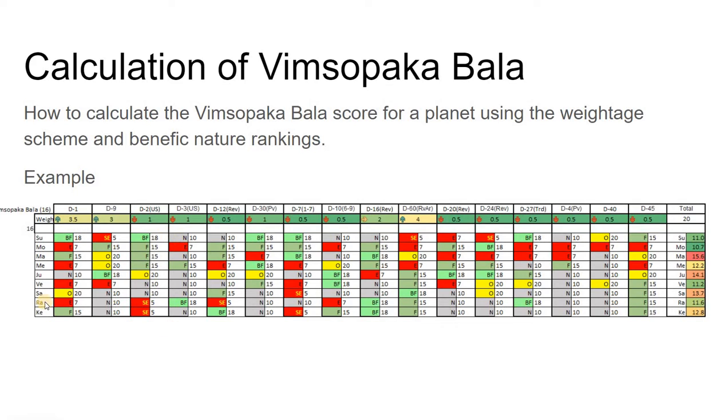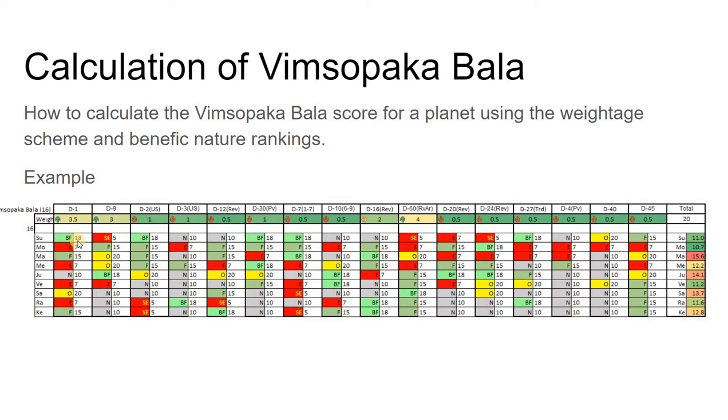This is some typical case, somebody's chart I have put here. So depending on where it is, if it is in an enemy's house, just as what you saw in the previous slide, it gets the scores. Now you multiply the scores into the weight divided by 20. So basically 3.5 by 20 is the weight, so the weight into 18 is to be multiplied. And then similarly the Sun, for all charts it will have different numbers here.